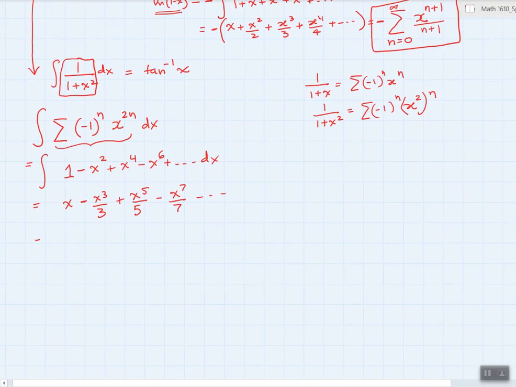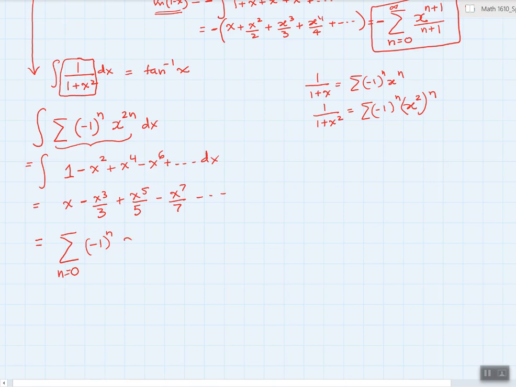First thing to notice is that this is alternating, so it has to be negative 1 raised to the power n, where n starts from 0. Then I need odd powers, so x, x cubed, x^5, x^7.